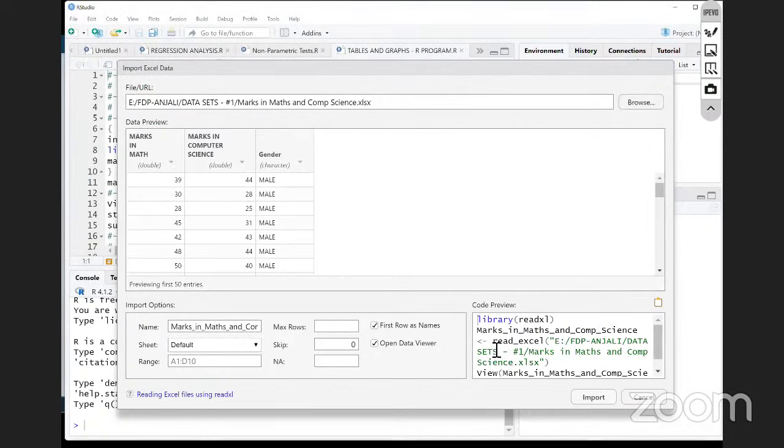Then I don't know whether it allows me to change the name or not. The name I want is marks.